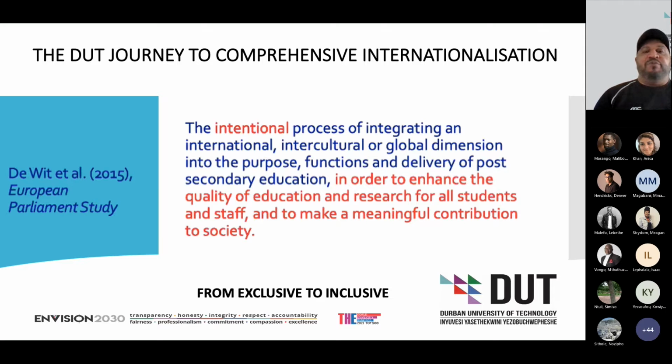At DUT now, we move to a form of internationalization that is inclusive, inviting, and embracing, and it is about leaving nobody behind. So the elements of social justice and inclusion are very important aspects of our approach to internationalization. Next slide, Divinia.